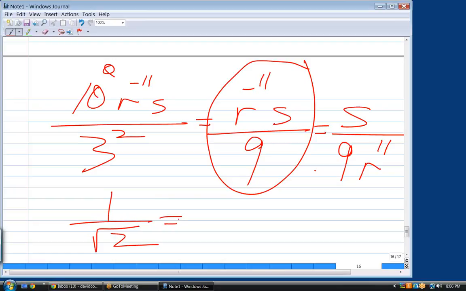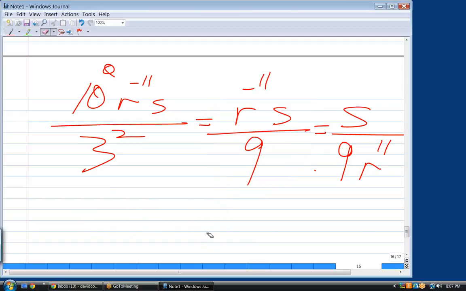They want you to rationalize that so that it becomes square root of 2 over 2, which has a rational denominator. Kind of the same thing with exponents. They do not like answers with negative exponents. They don't mind giving you problems with negative exponents, but they don't like answers with it.